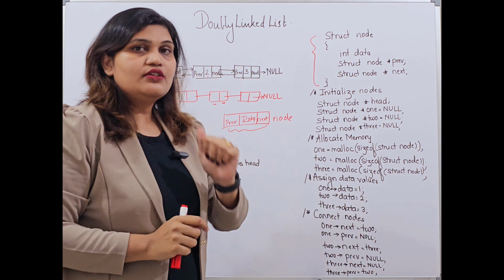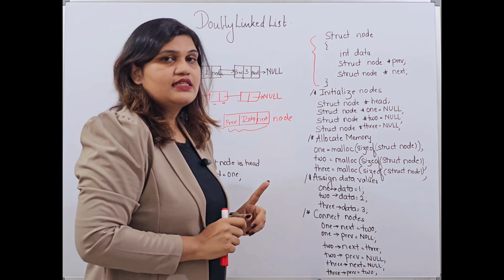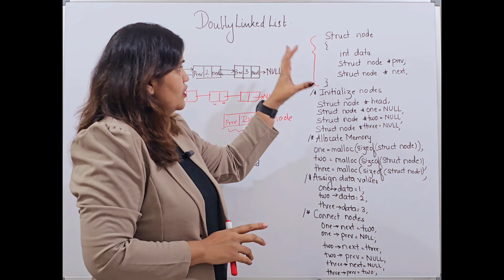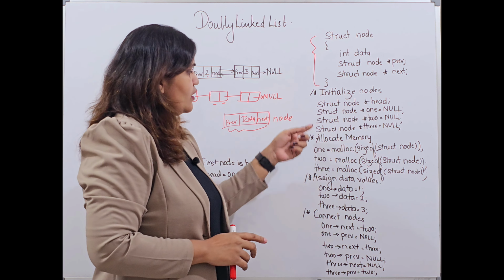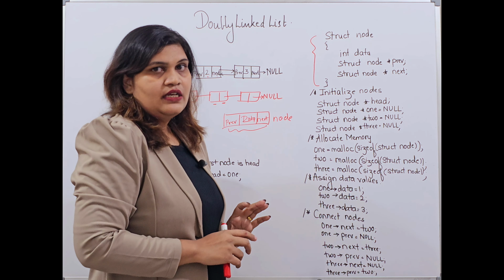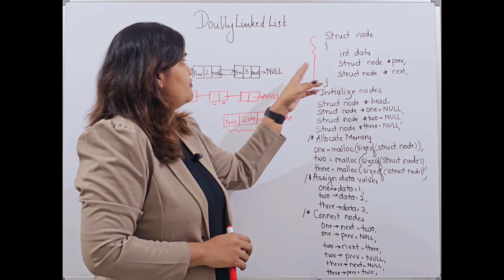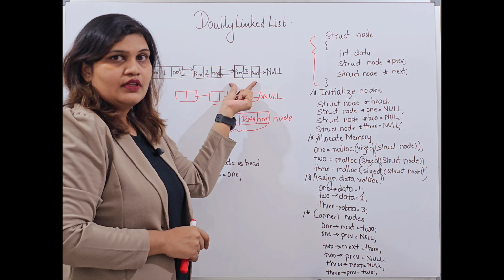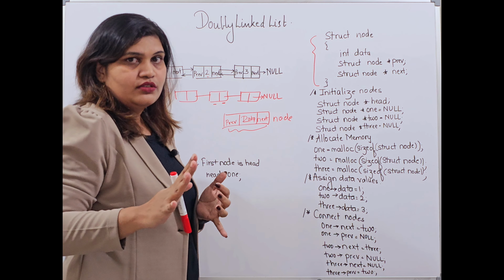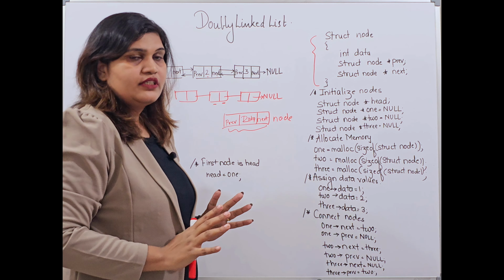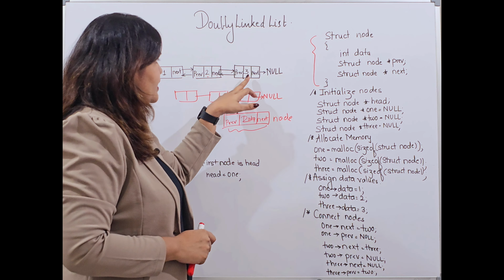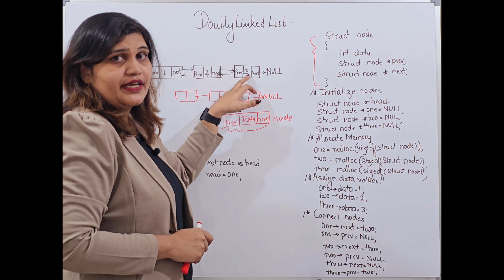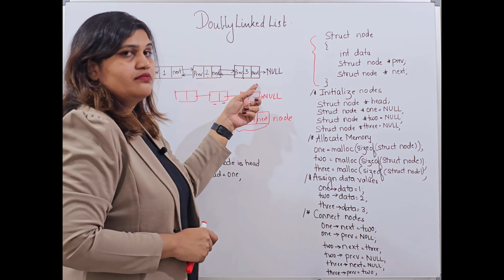Why structures? Earlier also in our singly linked list concept we had seen that we need to tell that this is the structure that has to be created so that I can work on my linked list. There is no data type that will define something like this. Integer, character, float tell us the type of data. But here we have a mixture of data which can be integer, character, float, and there are pointers.